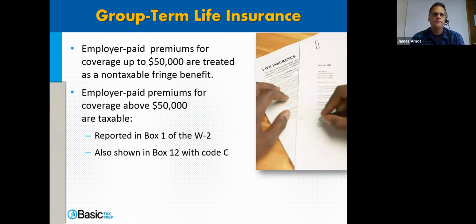Okay, it's a benefit that the employee gets for working there. But here's the key. The coverage amount, not the amount of premiums, but the amount of the coverage that they get can only be up to $50,000.